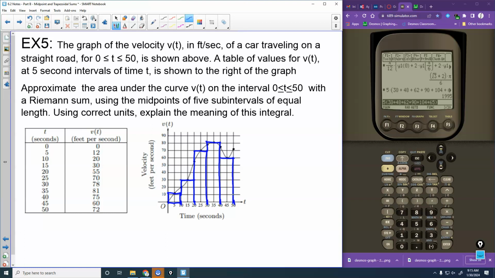So, if we think about each one of these rectangles, what is the width of each rectangle? It is 10, because we're going from 0 to 10 here. So I would have 10 times, and then I need to do the height. What would I do for the height of that first rectangle?